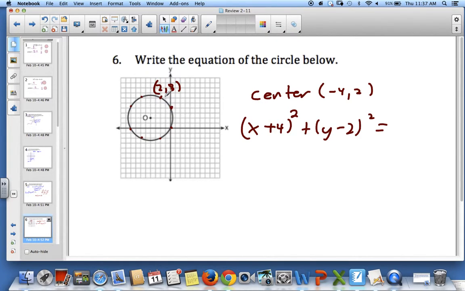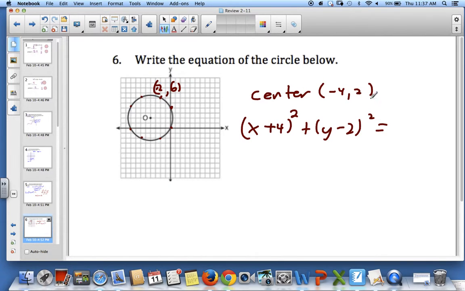Oh, wait a minute. Is that 8? 1, 2, 3, 4. What am I thinking? That's not 8. That's 6. That's better. Okay, so how far apart are the two x values? Actually, it's negative 2.